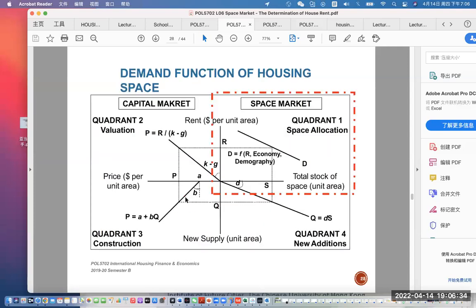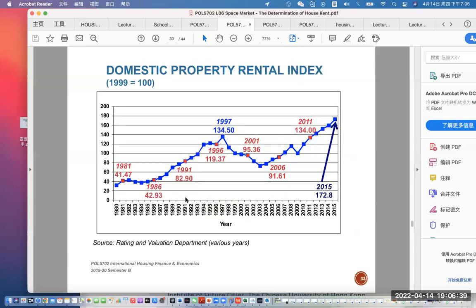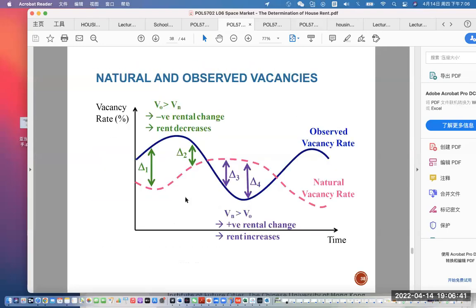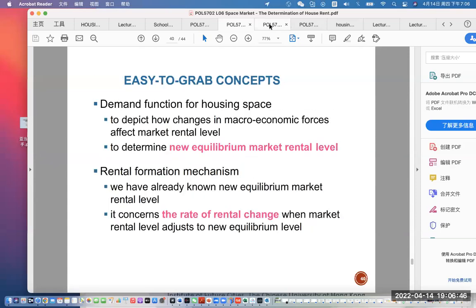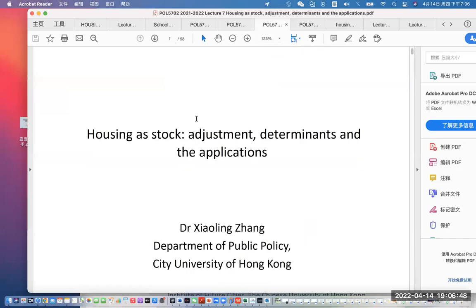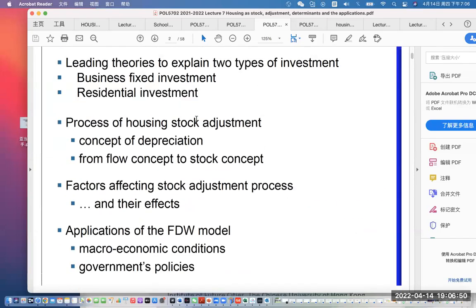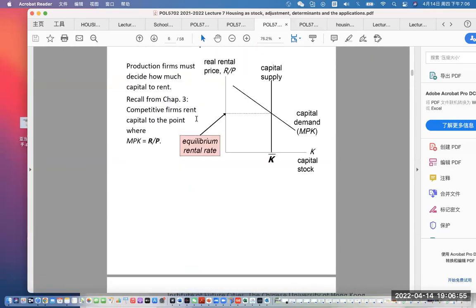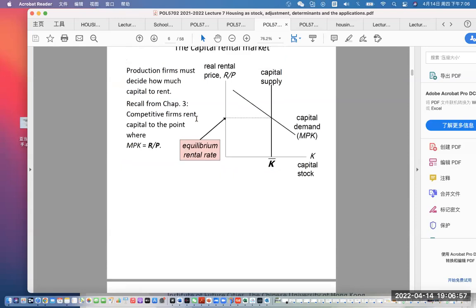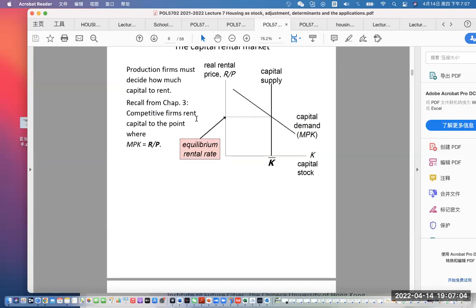For this one, you can easily find the space market in YouTube's space allocations. You can easily find an introduction to the mechanism of this and the determinants of that. And then the housing historic. This one also starts from the FDW model, but we look at the capital market, where production firms decide how much capital would be raised, and how and why competitive firms raise capital to the point, right?